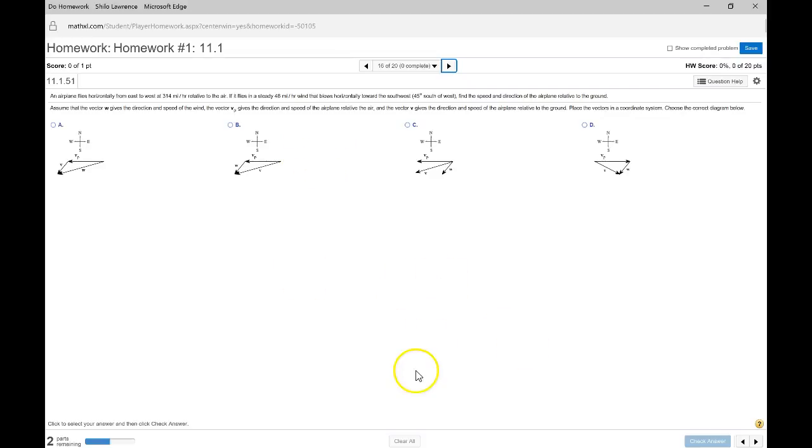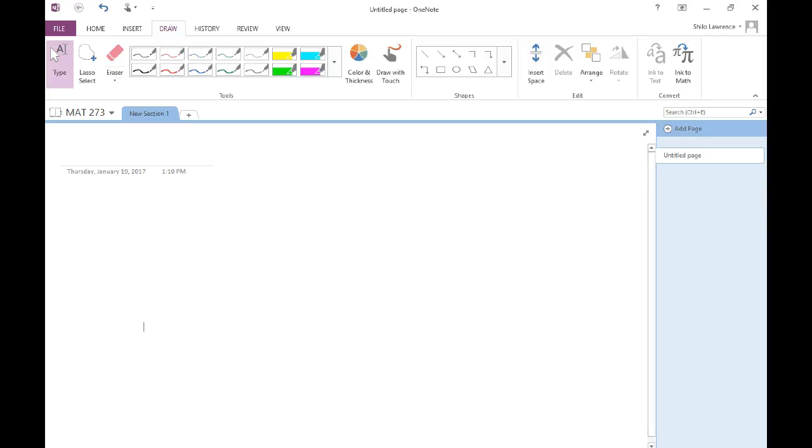So let me open up. So if we've got an airplane going from east to west, that vector is going to point in the direction of motion.